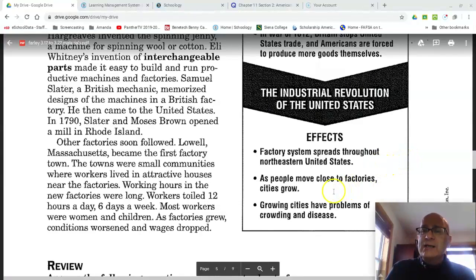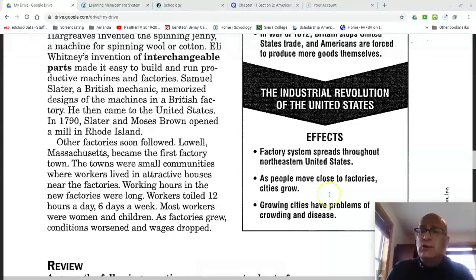As people move closer to factories, cities grow. Remember, to work in factories, you have to live relatively close to the factory, and you're going to be surrounding yourself with other people who are working in the factories. And these factories are going to help with the development of large cities.